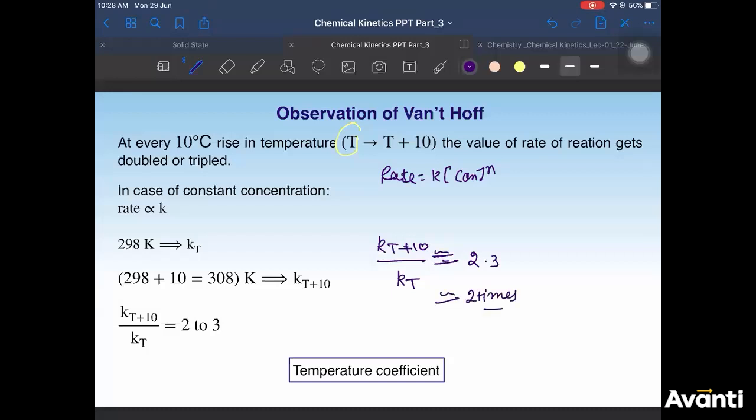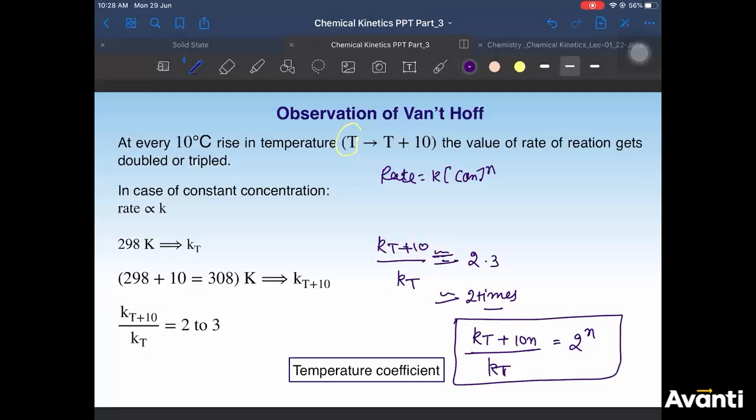That means the rate of the reaction becomes 2 times when you increase the temperature by 10 Kelvin. If you increase the temperature by a multiple of 10, I am generating this formula, 10 times N, then the rate of reaction will become how many times? 2 to the power N. Very good, Naren. 2 to the power N. This is very, very important.